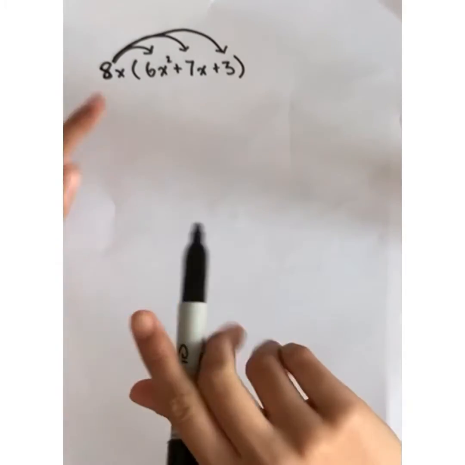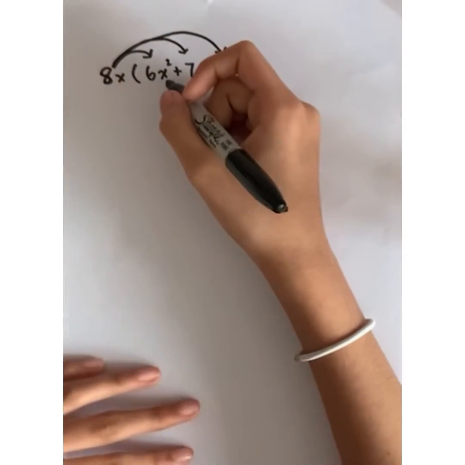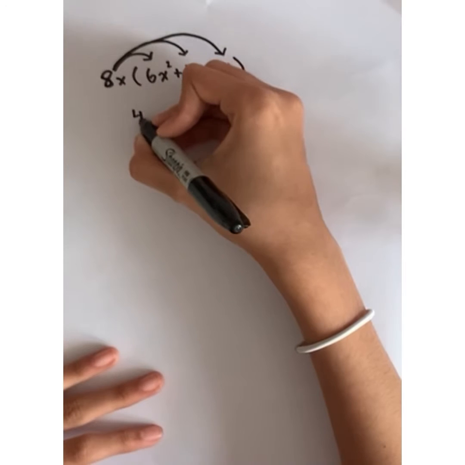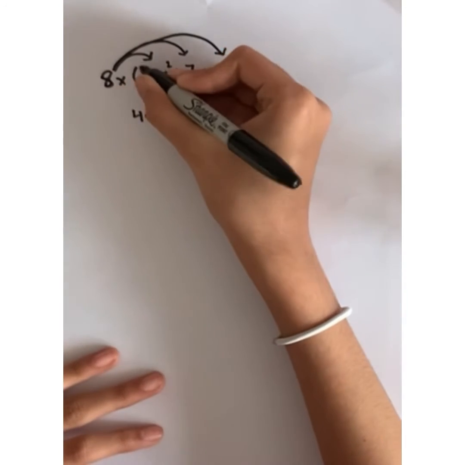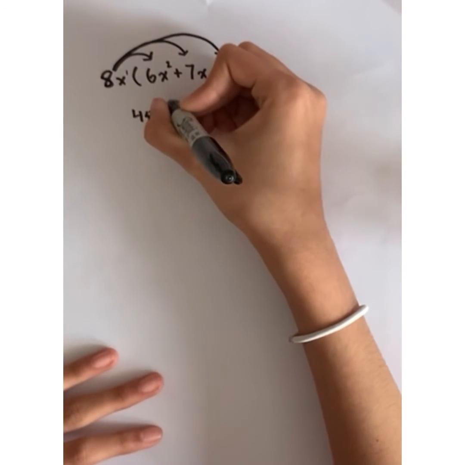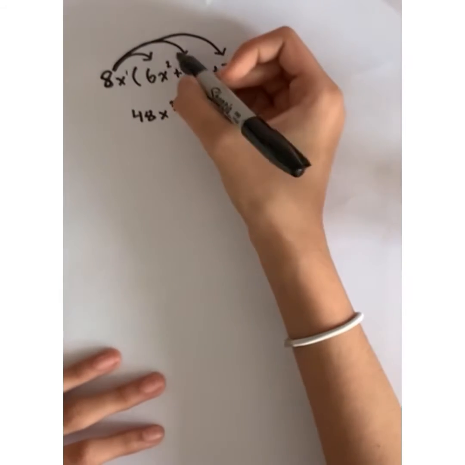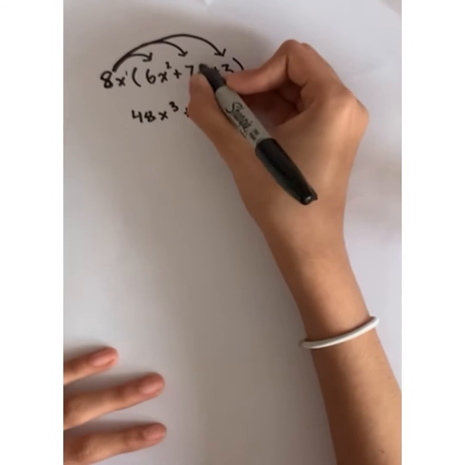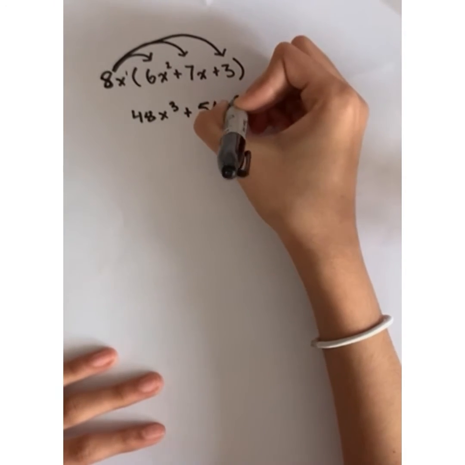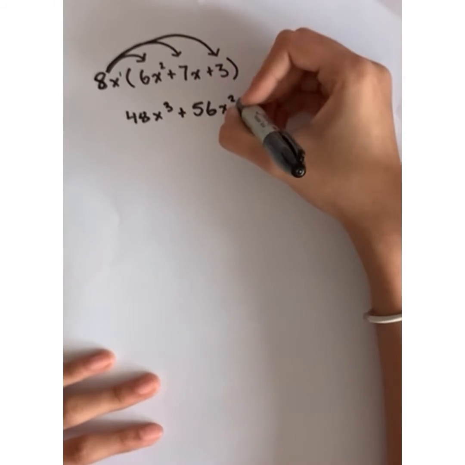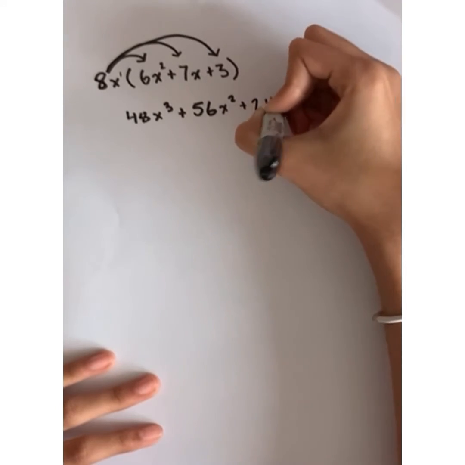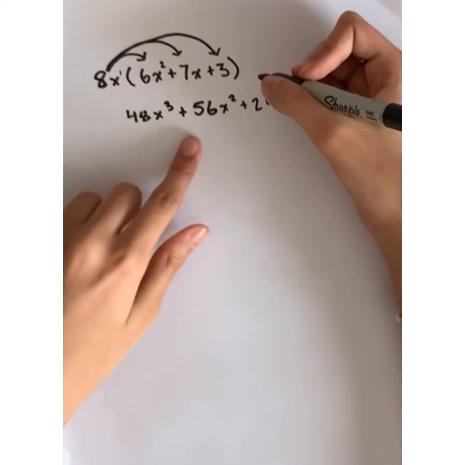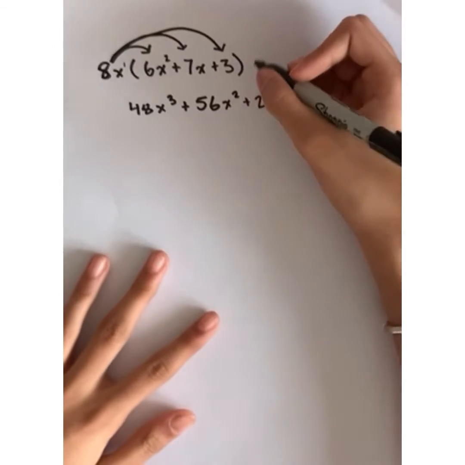So 8x times 6x squared is 48x cubed, like we talked about. 8x times 7x is a plus 56x squared. And 8x times 3 is 24x. This is in order, so that would be your answer.